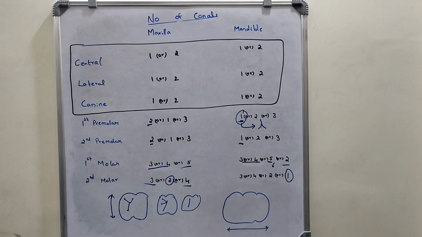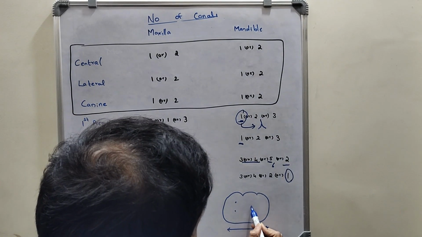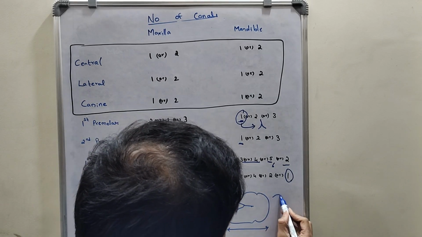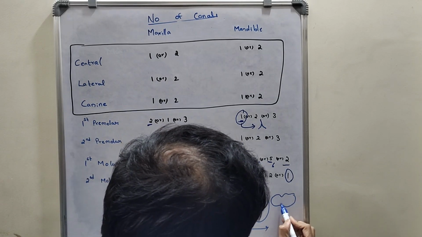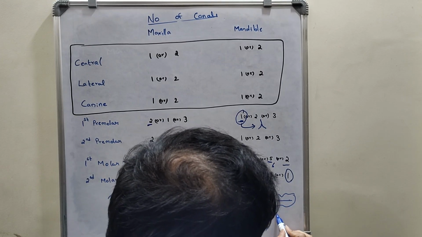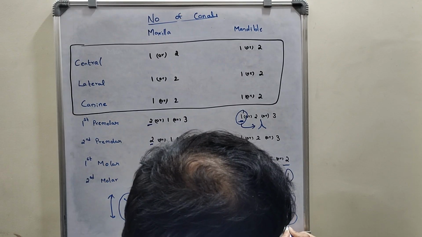Now the same configurations for the mandible will be like, if it is three canals, it will again be Y configuration. If it's two canals, it will be I configuration. And if it's four canals, it will be H configuration.